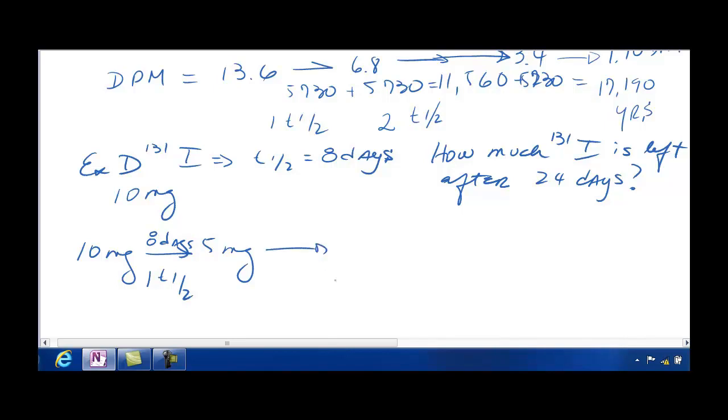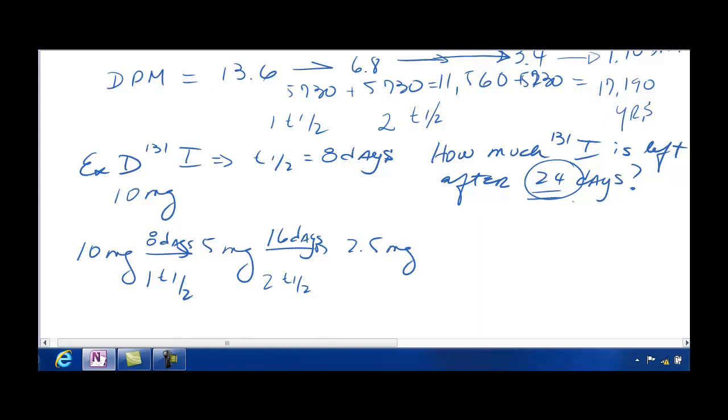Then what? I cut the 5 in half again, because I need to go all the way to 24 days, not 8 days. So half-life number 2, how many days is that? 8 plus 8, 16 days later. How much iodine-131 is this patient going to have? 2.5 milligrams. Did I make it to 24 yet?